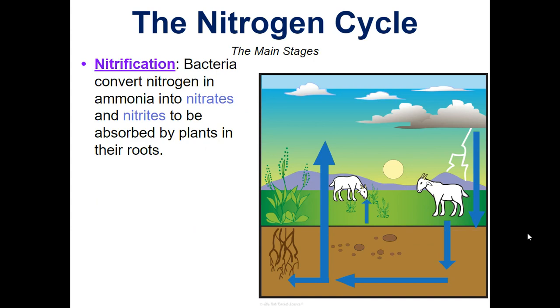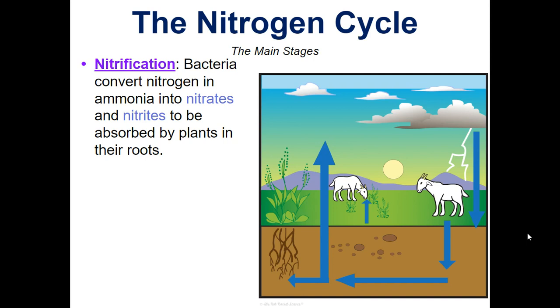So what then happens next? Well, now we have all of this ammonia in the soil. But unfortunately, plants can't use ammonia, so it must be changed into another form. And so another type of bacteria, called nitrifying bacteria, perform a process known as nitrification that takes that ammonia and turns it into two different forms that plants can potentially use.